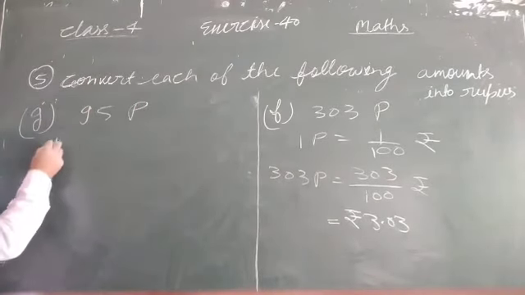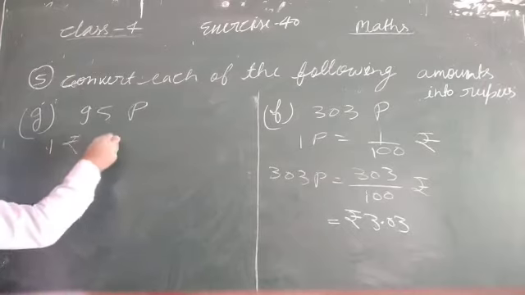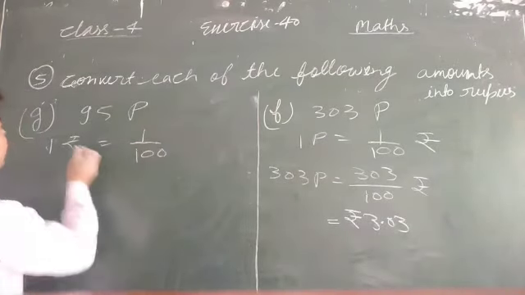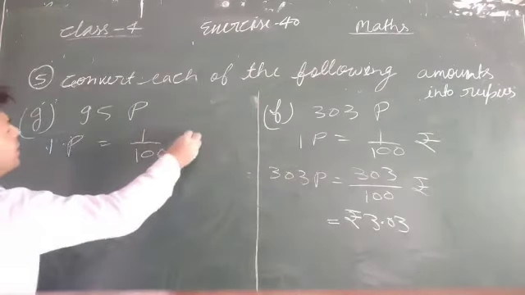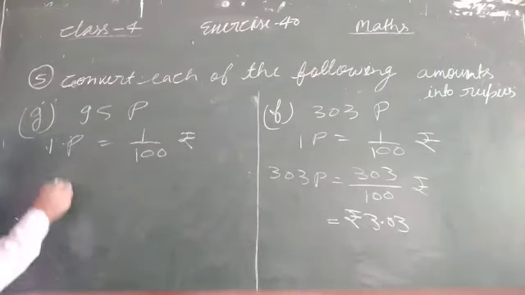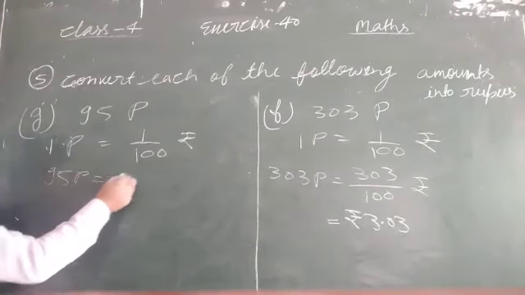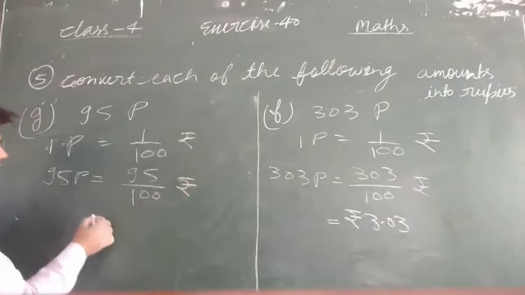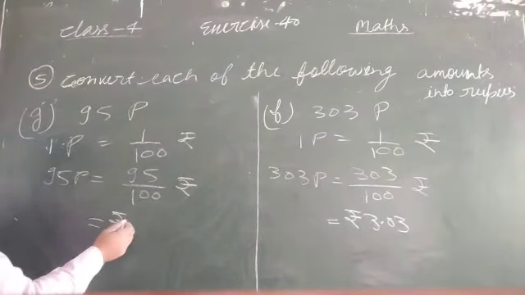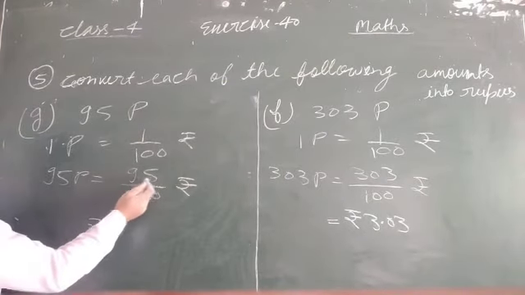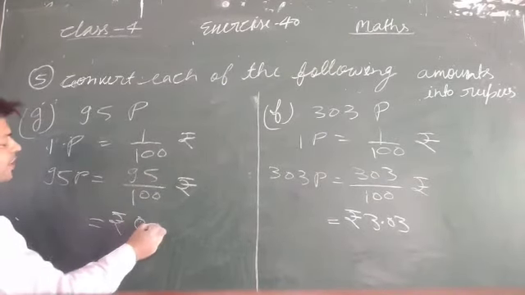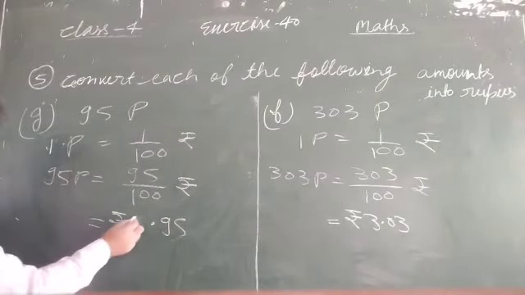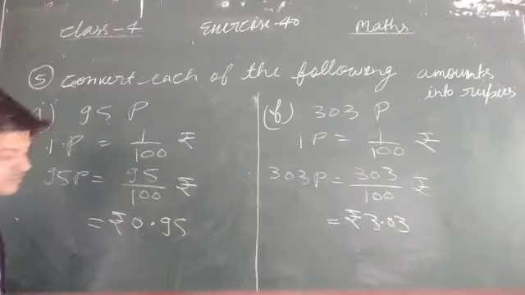So you have to write here 1 paise equal to 1 upon 100 rupees. So 95 paise equal to 95 upon 100 rupees. After 2 places you will shift decimal 1, 2. So rupees 0.95. Or you can write 0.95 only. Okay, 0.95.